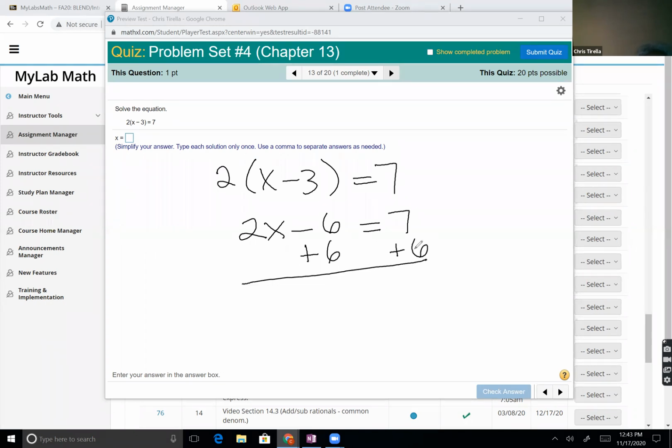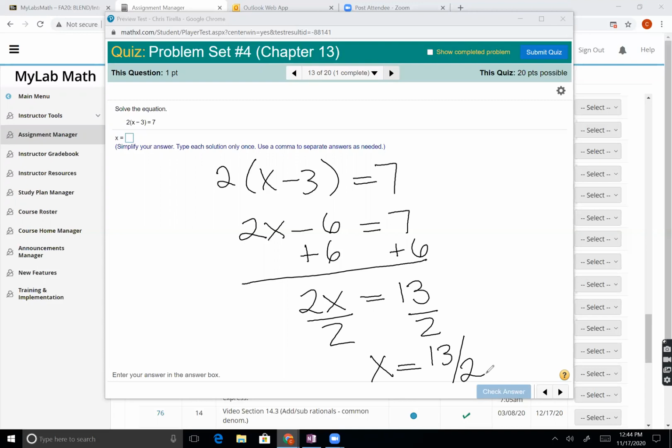That gives me 2x equals 13. And I get x equals 13 halves. That one's a blast from the past, isn't it? Just to trick us, exponents, so don't worry about factoring it, okay?